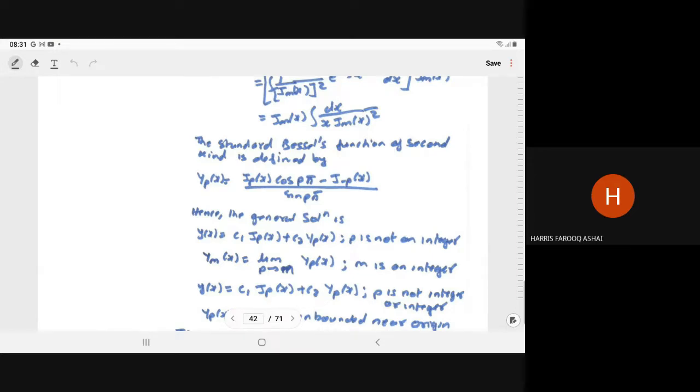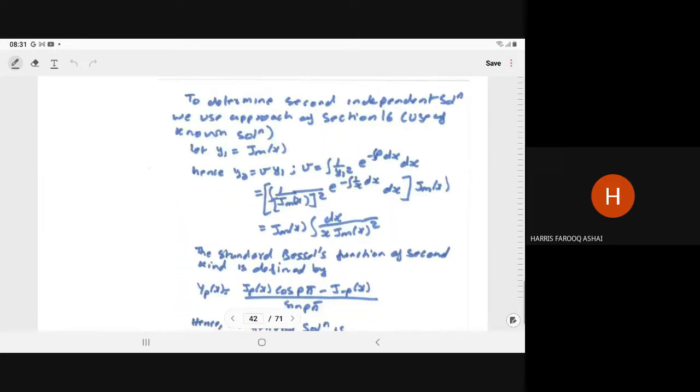To determine the second independent solution, we use the approach of section 16, use of the known solution. So y1 is J_m, right? So y2 will be v into y1, where v is the integral of 1 upon y1 squared times e to the power minus the integral of P dx, into dx.